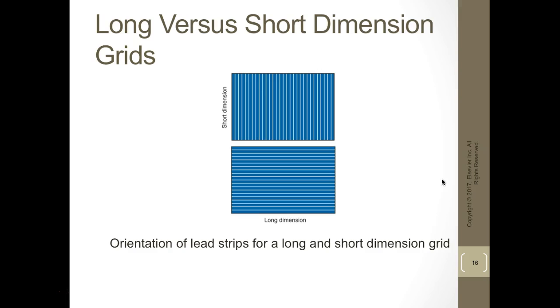Okay, so you have long versus short dimension grids. You have a short dimension grid right here. On the short dimension you have the lines going, and this is the long dimension, the lead lines. This one you're going to use for a chest x-ray because you're going to come in at an angle, so that if you angle this way, you're going to have grid cutoff.